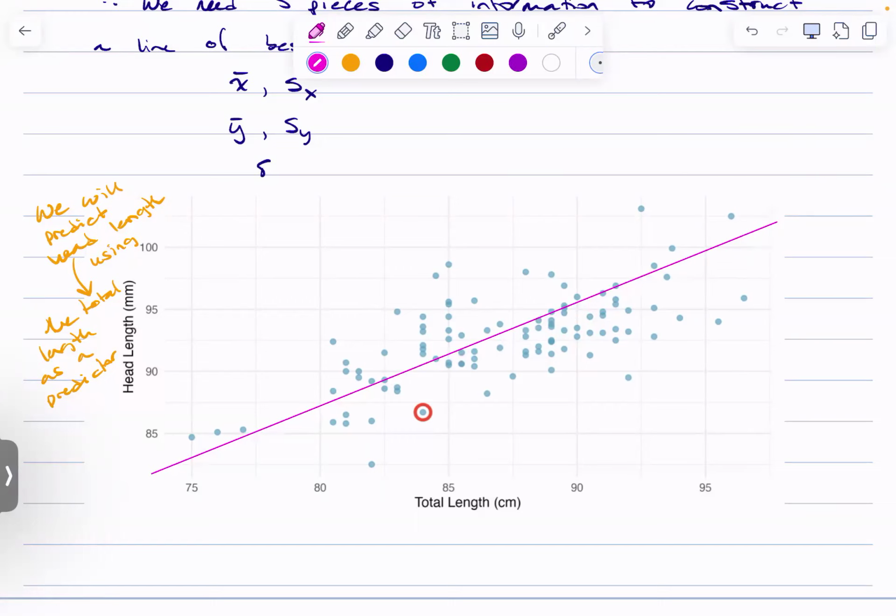When we imagine a line of best fit, remember that you're trying to minimize the distances between all the points, as a group, and the line.